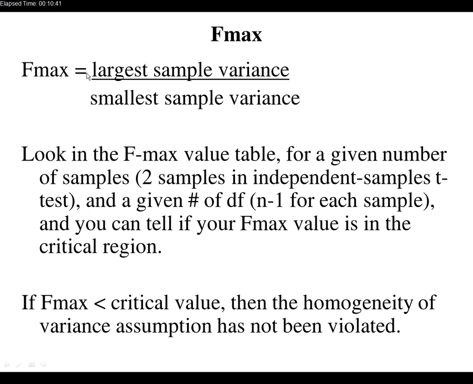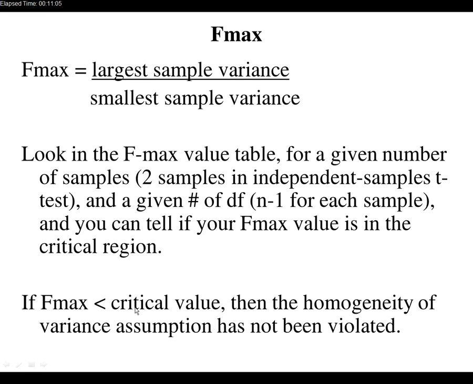Fmax equals the largest sample variance divided by the smallest sample variance. All right, and we look in the table in the back of the book, the Fmax value table, for a given number of samples, 2 samples for an independent samples t-test, and a given number of degrees of freedom, n-1 for each sample, and you can tell if your Fmax value is in the critical region.